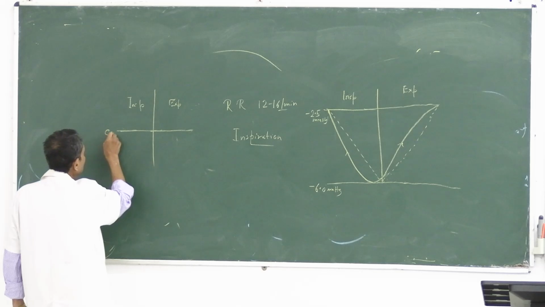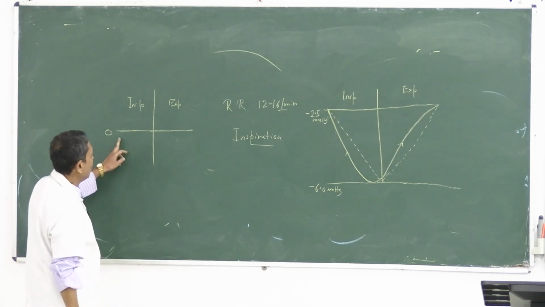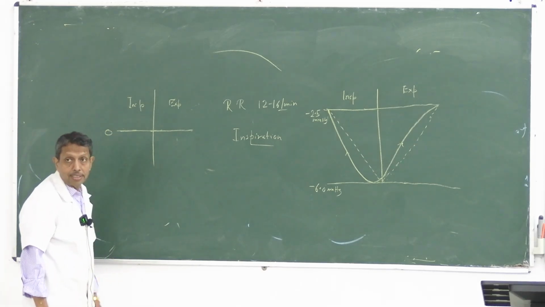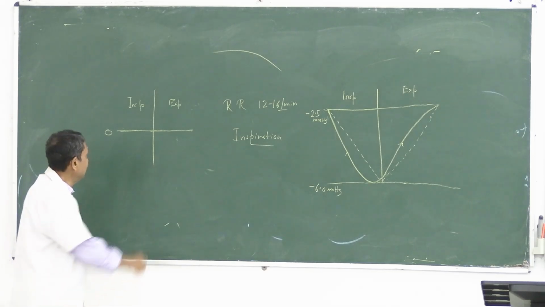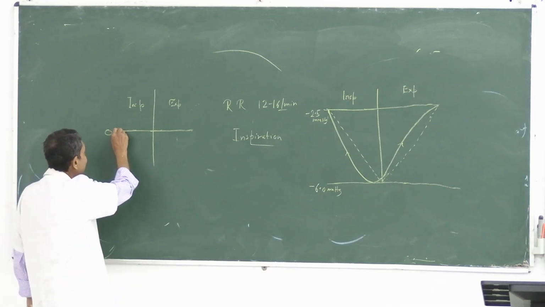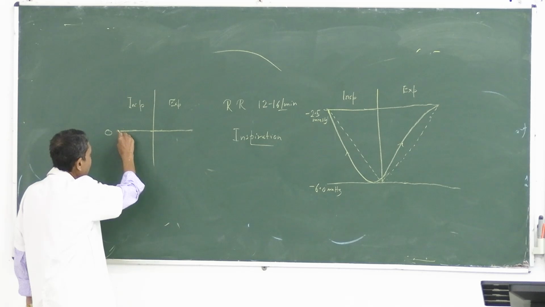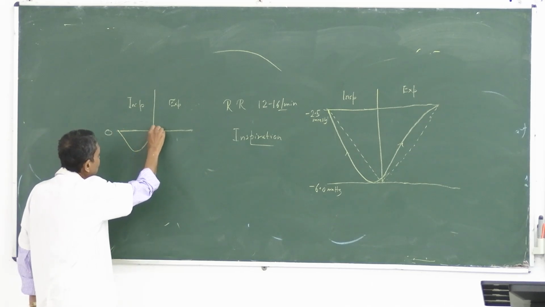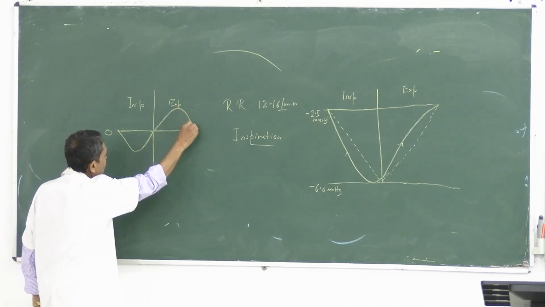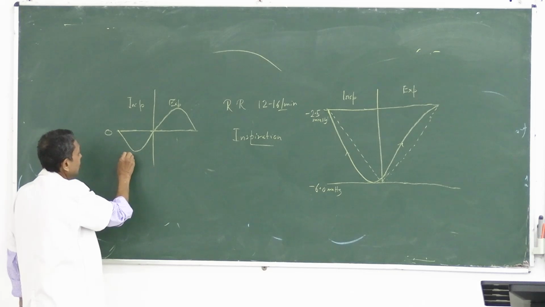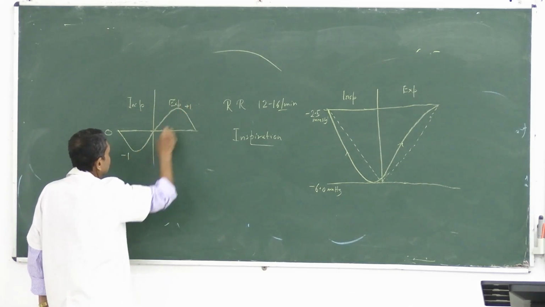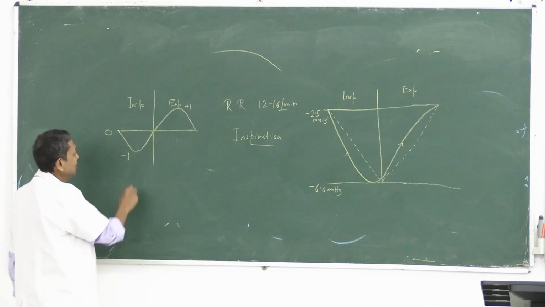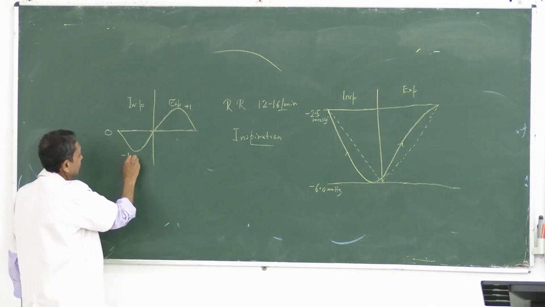It is 0 at the level of the functional residual capacity, at the end of tidal expiration, and it will go in this way, minus 1, plus 1, either millimeter of mercury or centimeter of water.